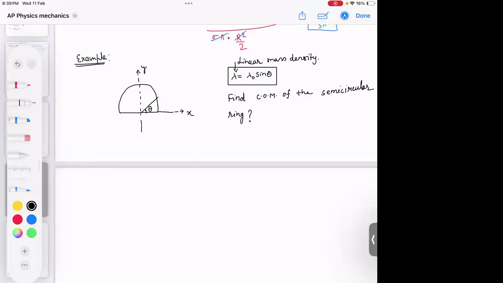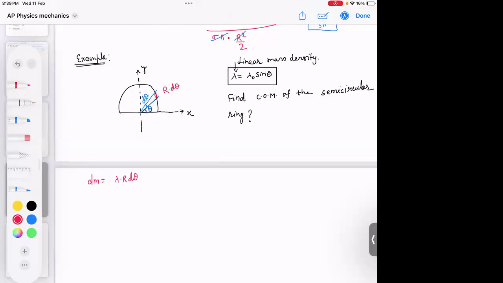Okay. So what I will do again: at an angle theta, I am going to consider a small element d theta. The length of this small element will be r d theta. Now if I write the dm first, I will write it as lambda r d theta.